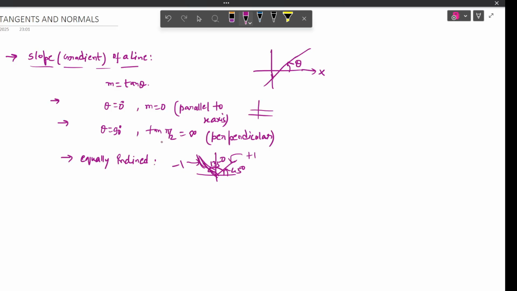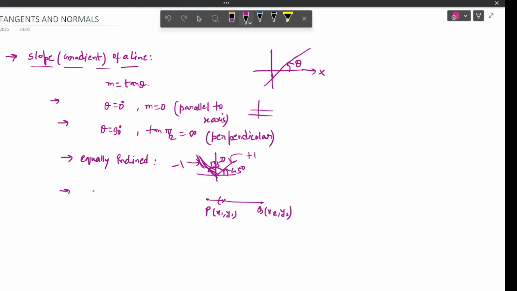Okay, slope of a line in terms of coordinates, 2 points. Let us say we have 2 points P, let us say this is x1, y1, and Q, let us say this is x2, y2.